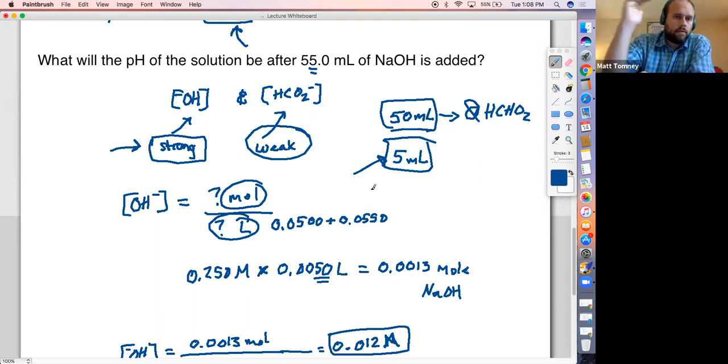So as we go A, B, C, D, E, you're adding more base, which means you've gone past the first equivalence point and you're headed towards the second one. So I believe most of what you're going to be doing is dragging your values from the previous setups and putting them in as the new initials with a little bit of math there, and then solving those ICE charts based on that. Okay.